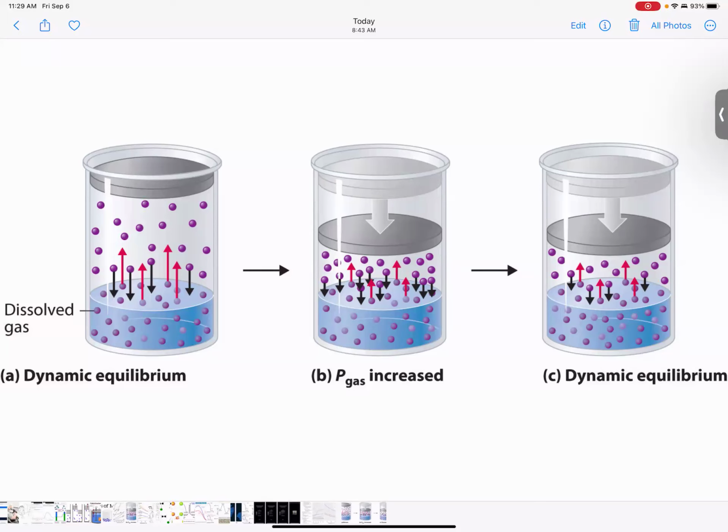But if you let it sit and it comes under a normal CO2 pressure, this drops down to 1 times 10 to the minus 5 of what's left. And so almost the entire amount of CO2 has escaped into the atmosphere.